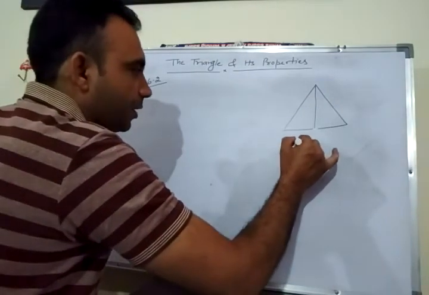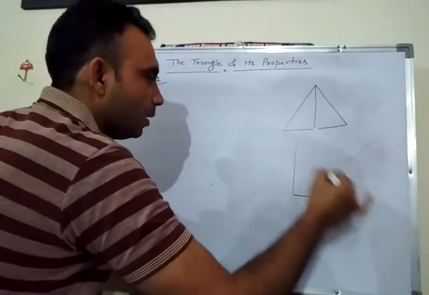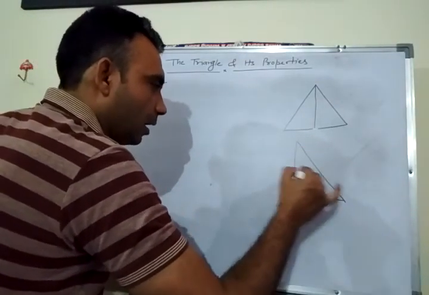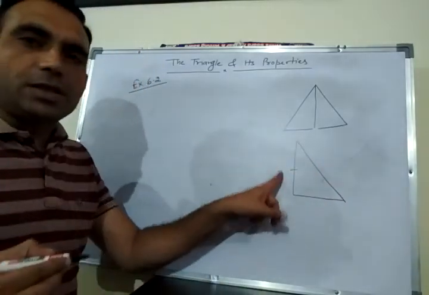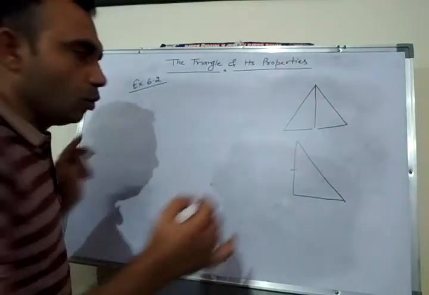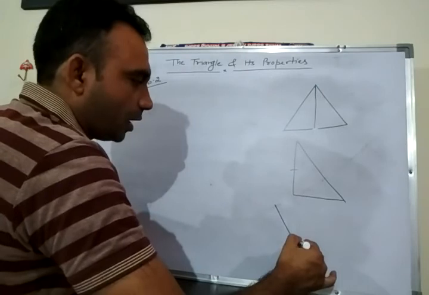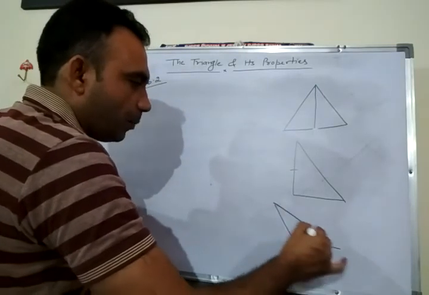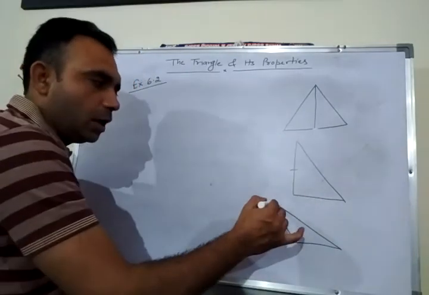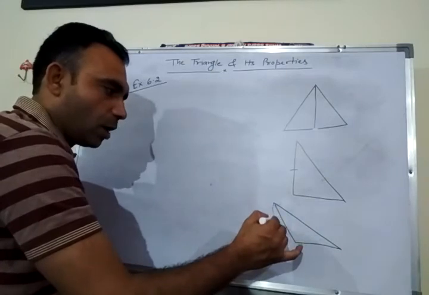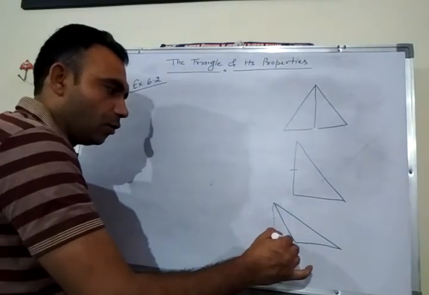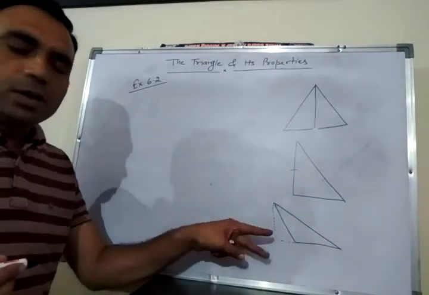If we take a right triangle, then its side itself is the altitude. But if we take an obtuse angle triangle, then if we draw the altitude to the opposite side, it will go outside the triangle.